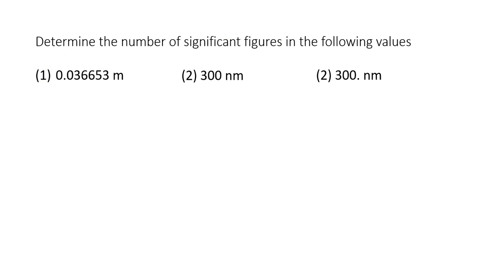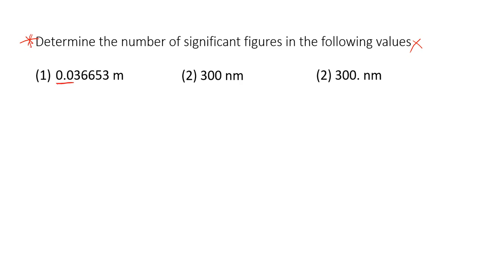So let's look at an example and see how we can apply the information that we have just learned. Determine the number of significant figures in the following values. Now, when you are looking at these numbers, think about the rules that we have just learned. So for the first problem, we have 2 trailing zeros.